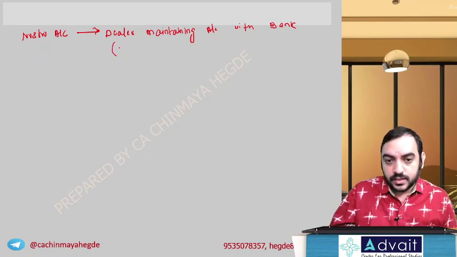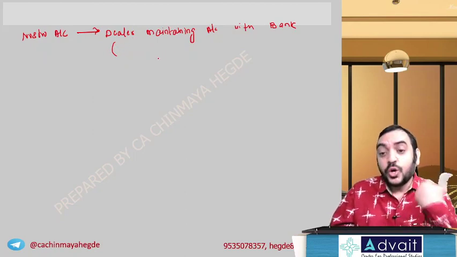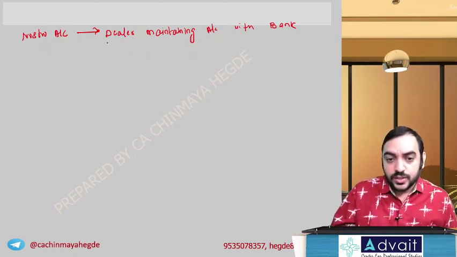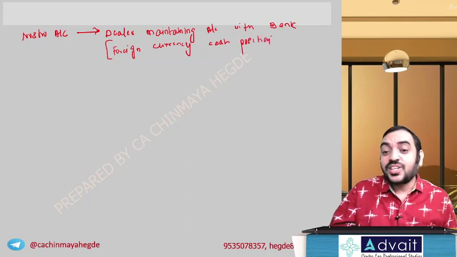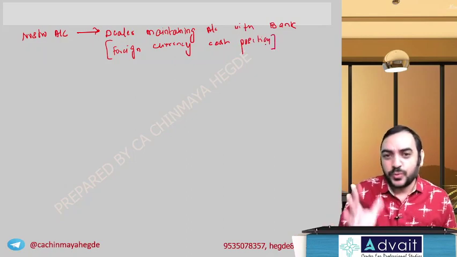This is like foreign currency cash equivalent. So you will have a foreign currency cash position. When I say cash position, please understand cash and cash equivalent. We say cash and bank balance are both equal. In that sense, you have a cash position readily available.